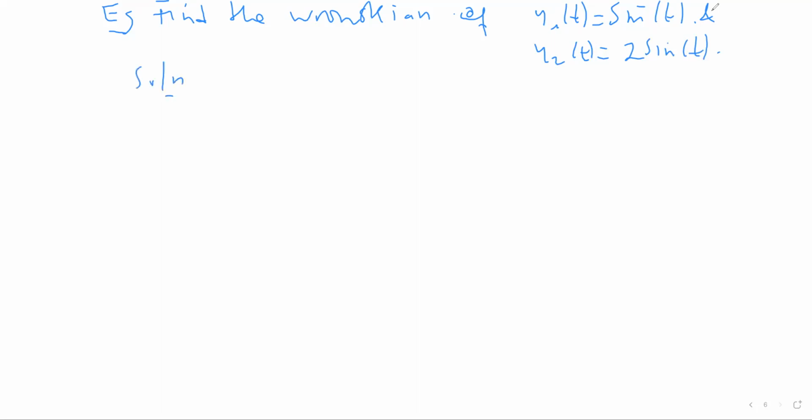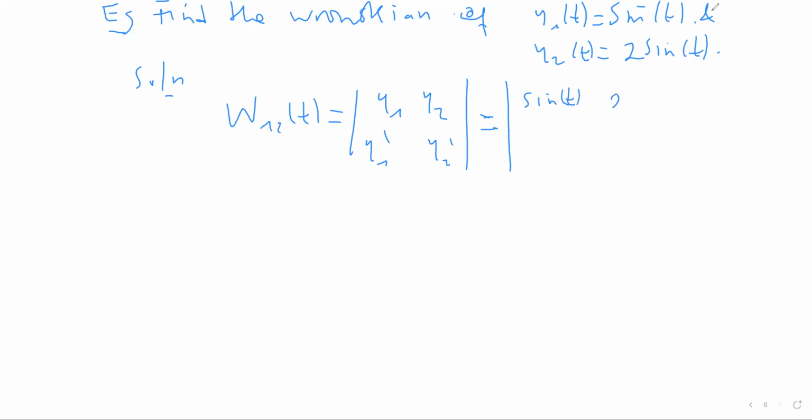Solution: W of y1, y2 of t is the determinant of y1, y2, y1 prime, y2 prime. This is nothing but sine of t, 2 sine of t, and here we have cos of t, and here we have 2 cos of t.